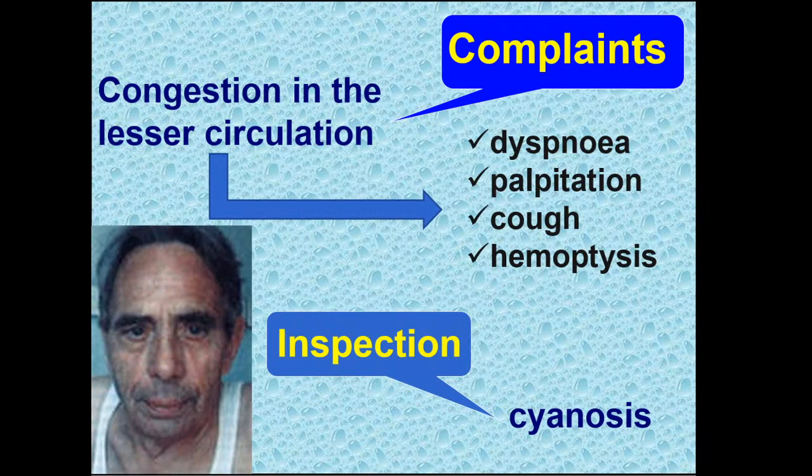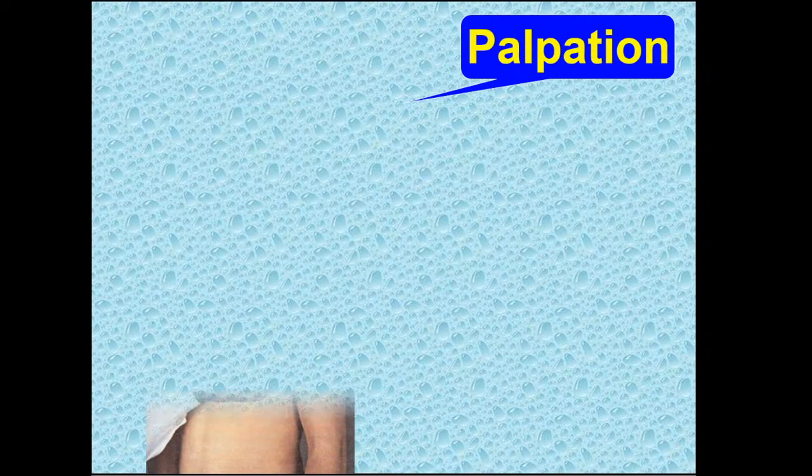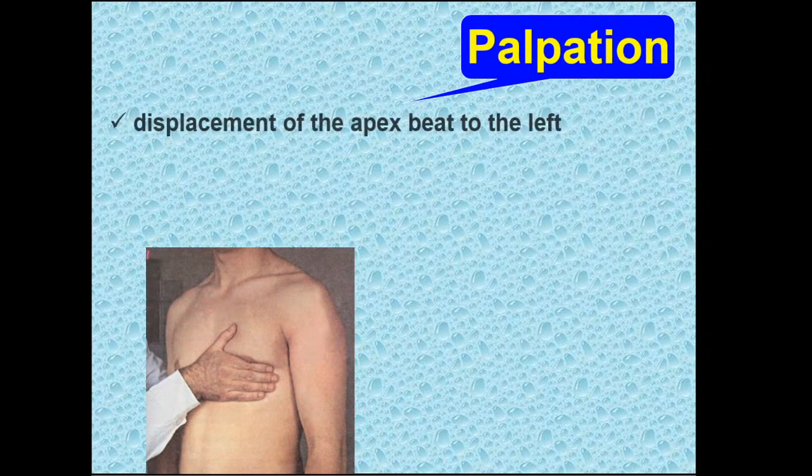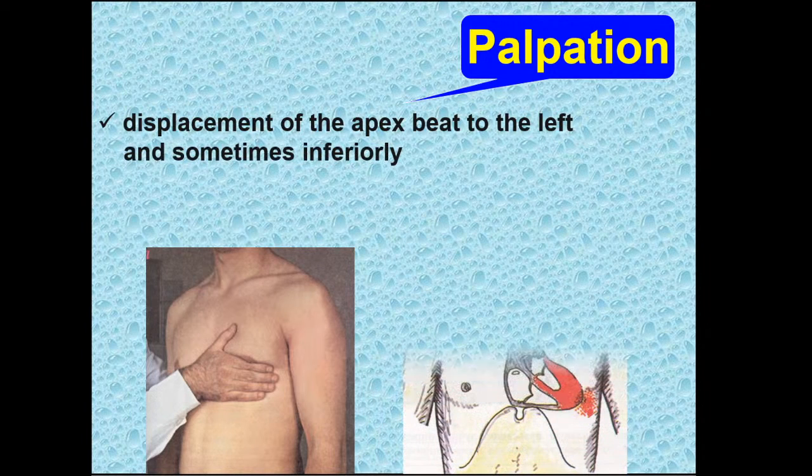On inspection, due to more problems with the left circulation, there will be central cyanosis. On inspection there will be a bluish color of the whole trunk, central cyanosis. Palpation will reveal a problem with the left ventricle.